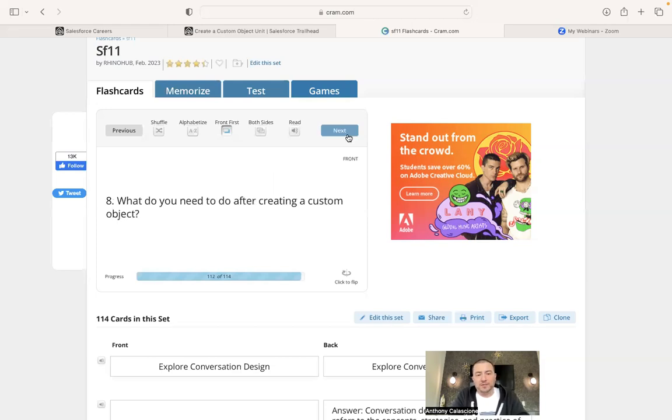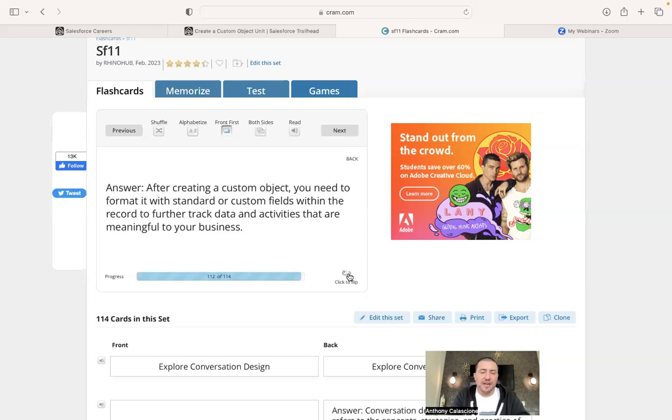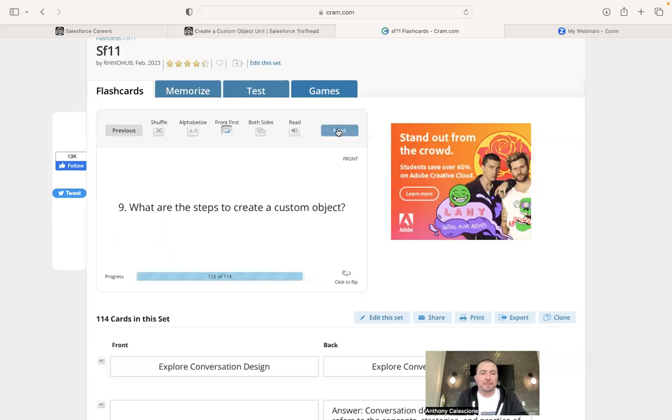What do you need to do after creating a custom object? After creating a custom object, you need to format it with standard or custom fields within the record to further track data and activities that are meaningful to your business. What are the steps to create a custom object?